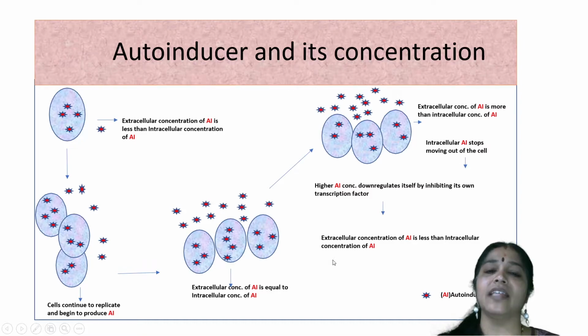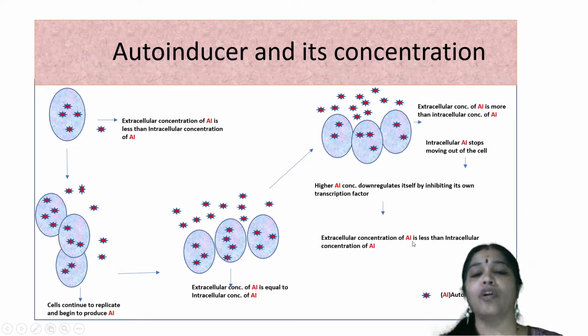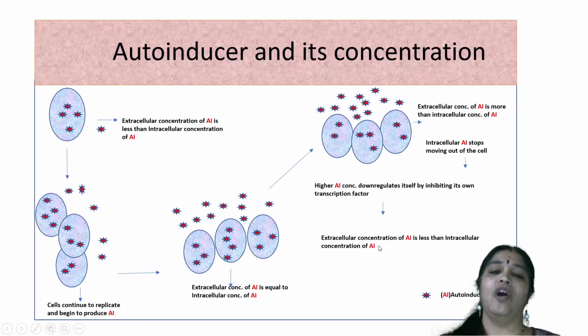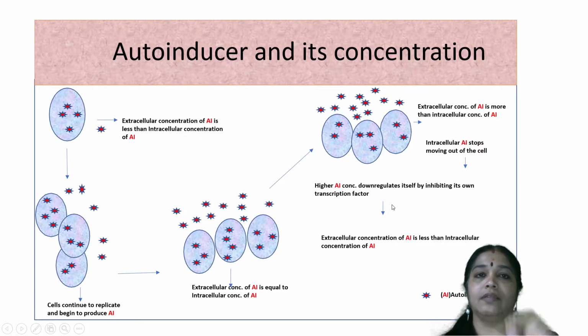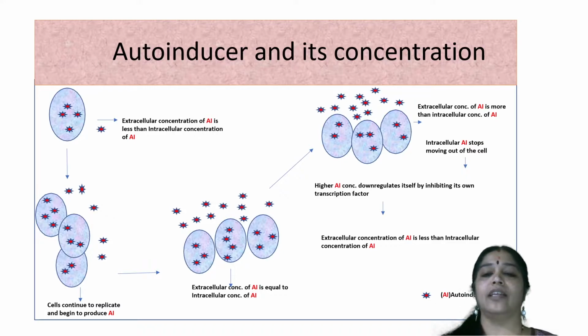Automatically, the extracellular concentration of autoinducer becomes less than the intracellular concentration of autoinducer. At that time, the quorum sensing stops a little bit.